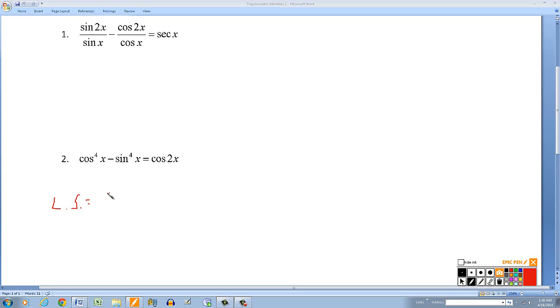So you can factor this into cosine squared x minus sine squared x times cosine squared x plus sine squared x. You recognize cosine squared x plus sine squared x as one of your Pythagorean identities, so this is just equal to 1.